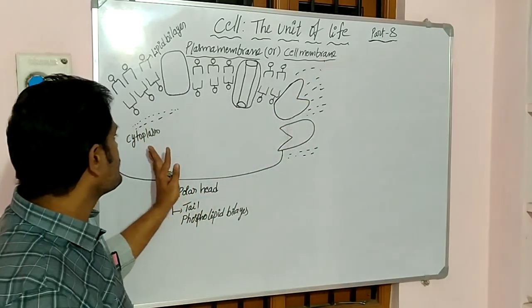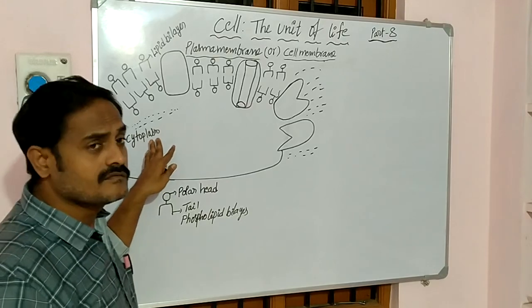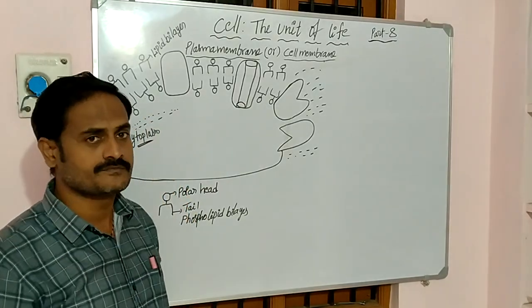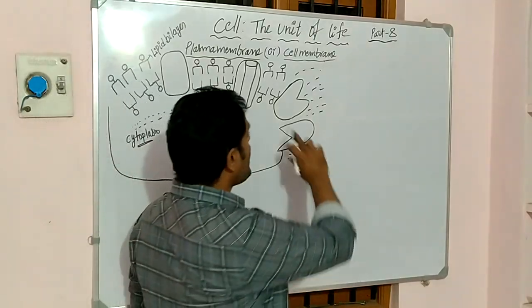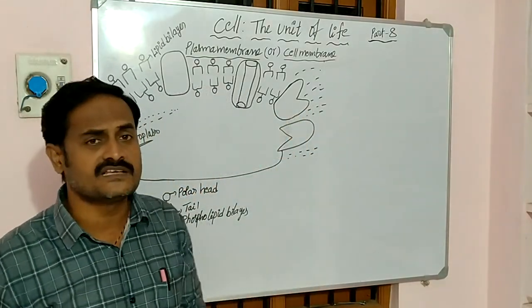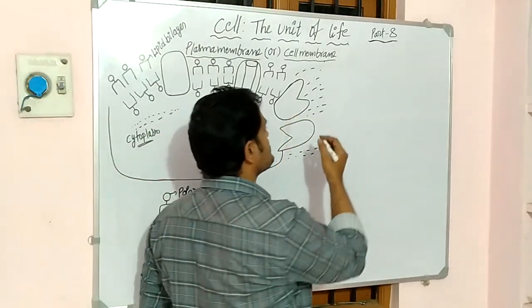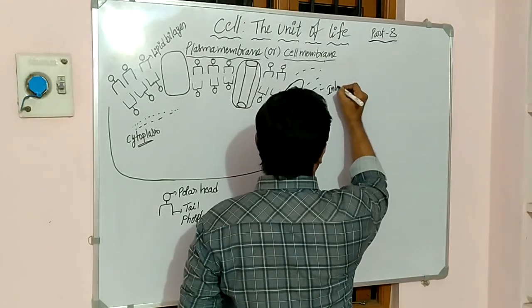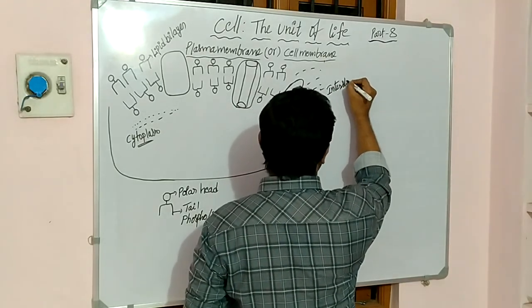So inside the plasma membrane, one type of fluid is present, which is called cytoplasm. Like that, the outside of the plasma membrane also has one more fluid, that is called interstitial fluid.